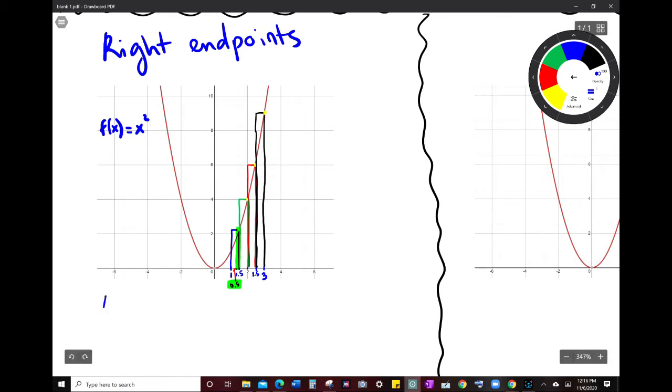So for the area of the blue rectangle, I use a color code so you guys can follow it easier. Area of blue rectangle will be length times width, and I have 0.5 times f of 1.5. Actually I should move it up here so we have more space later.